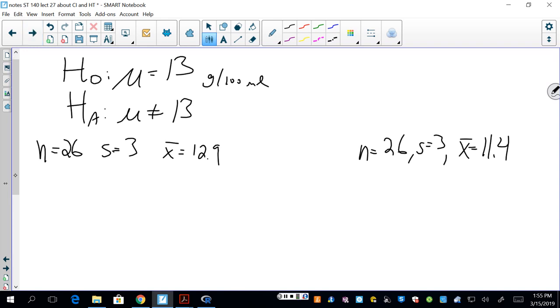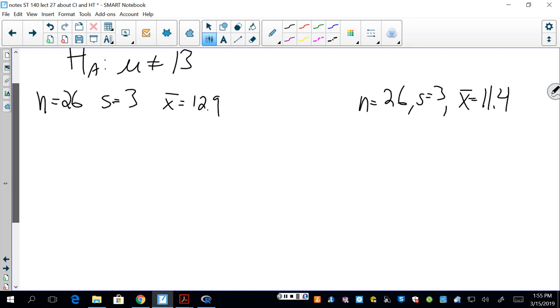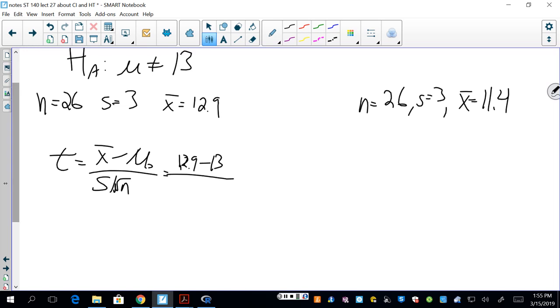Well, let's look at the t statistics. For testing this, we took the x bar minus the null hypothesis value, divided by the standard error, S over the square root of n. So 12.9 minus 13, over 3 divided by the square root of 26. I like to write statistic under this, because we also have a t distribution, and this is the value actually computed from the data.